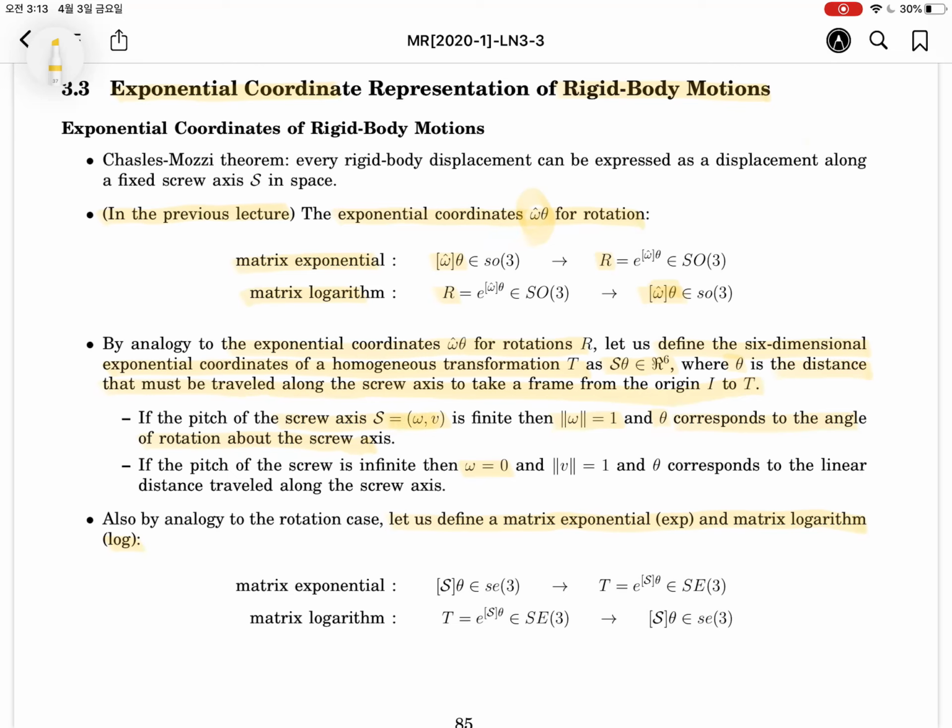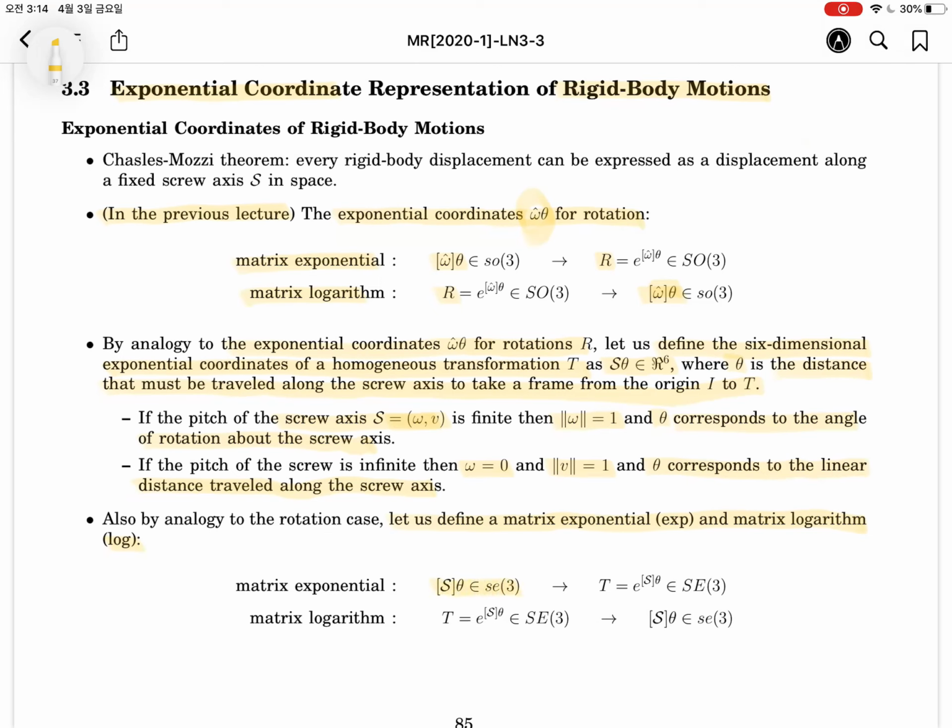The screw axis will have unit magnitude of linear velocity, so theta corresponds to the linear distance traveled along the screw axis. So the screw axis contains two kinds of concepts, rotational motion and translational motion.